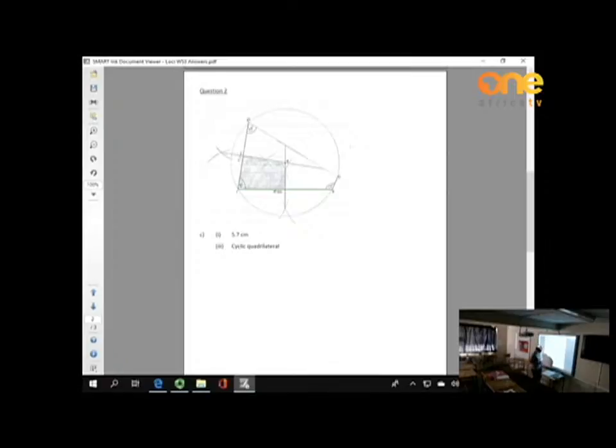Then you have to construct the quadrilateral ABCD. They give you the angles. You can measure out the angles, 82 degrees, 68 degrees, and then the other one is 112 degrees. You can draw your line so that you get your quadrilateral.